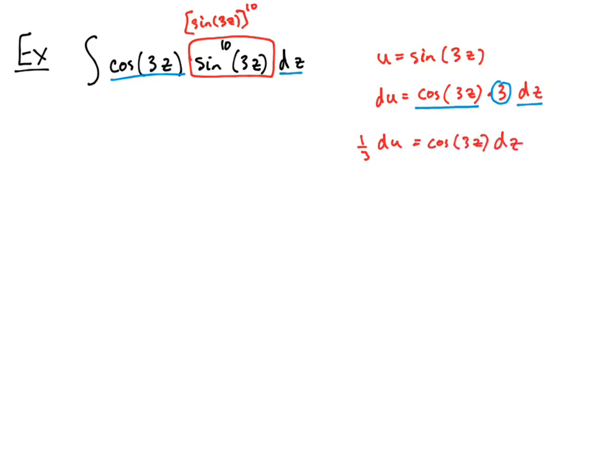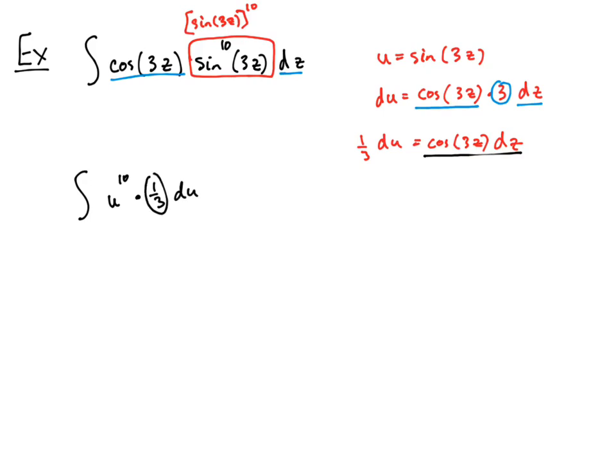And now we have the substitution that we want. So we will end up with sine to the 10th of 3z, so that's going to be u to the 10th. And then we have cosine of 3z dz is going to be this part, so we're going to substitute that times 1/3 du.